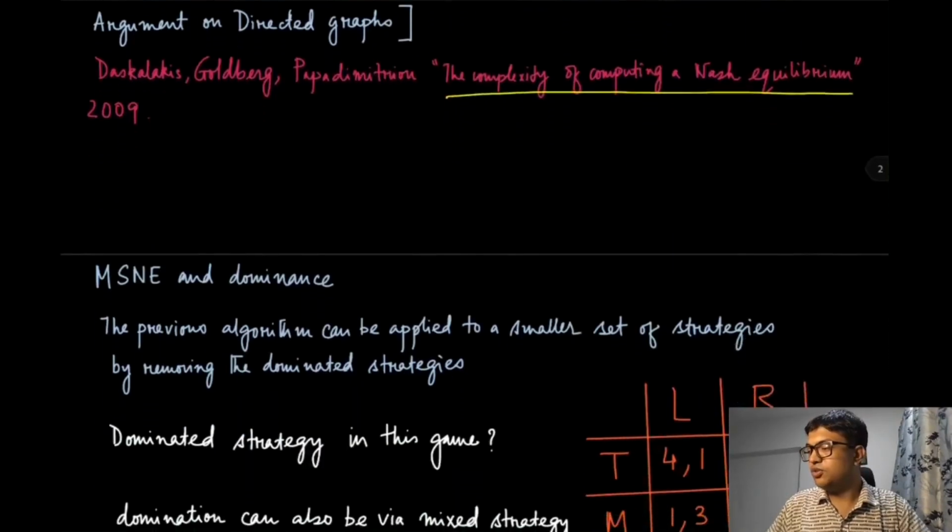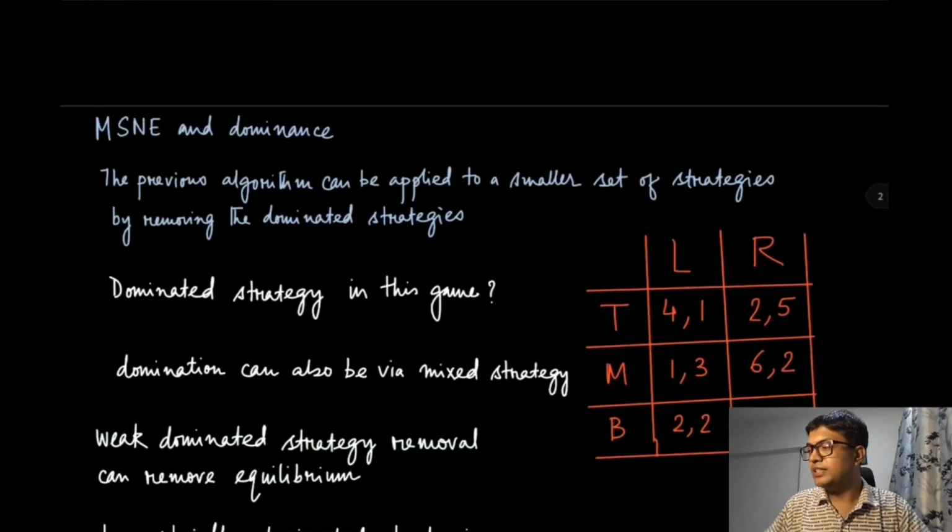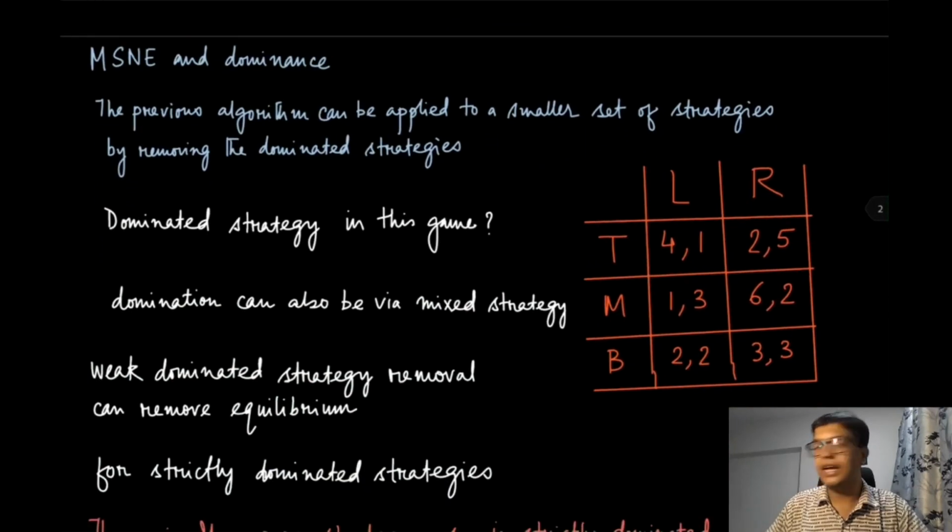All right, so with that, let us now come to the type of algorithm where you are removing the dominated strategies. Remember, for finding pure strategy Nash equilibrium, we were just removing the purely dominated strategies.